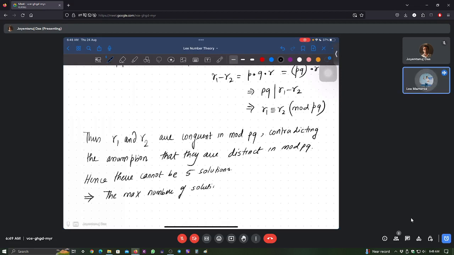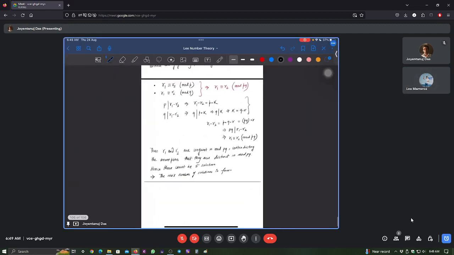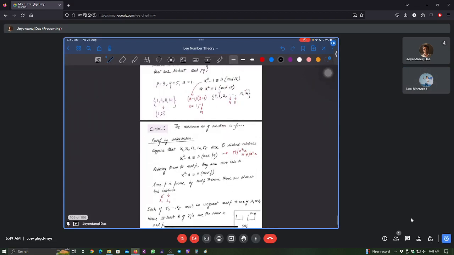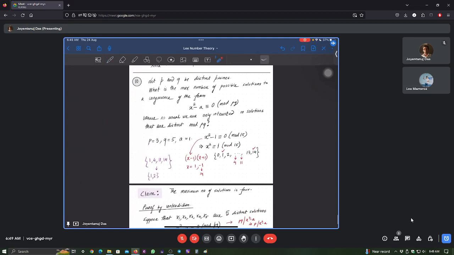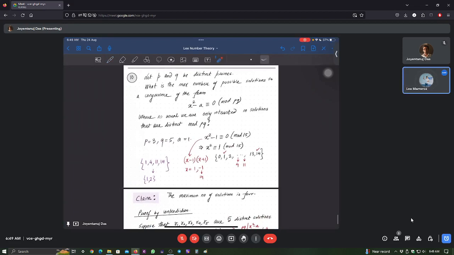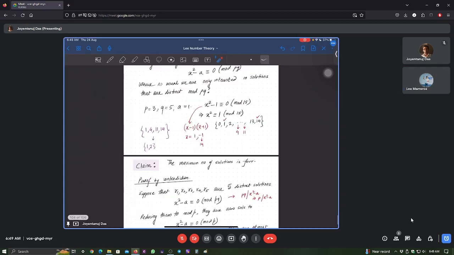So why did we start with five solutions? Yes, I will explain, one minute. They are asking what is the maximum possible number of solutions to this congruence. Our claim was that the maximum number of solutions is four.